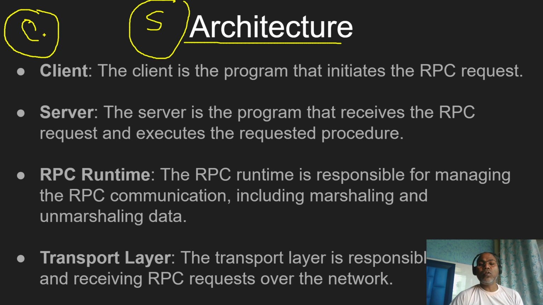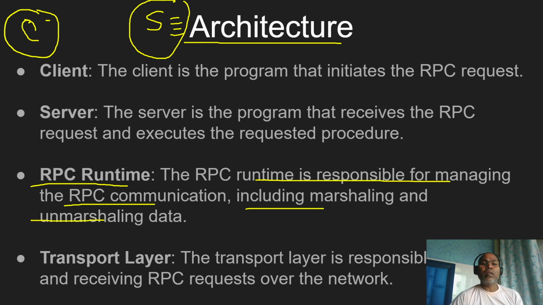Now the client wants to execute a particular function that is served by the particular server. So this is the client and server, and there is the RPC runtime. The RPC runtime is responsible for managing RPC communication, including marshaling and unmarshaling.